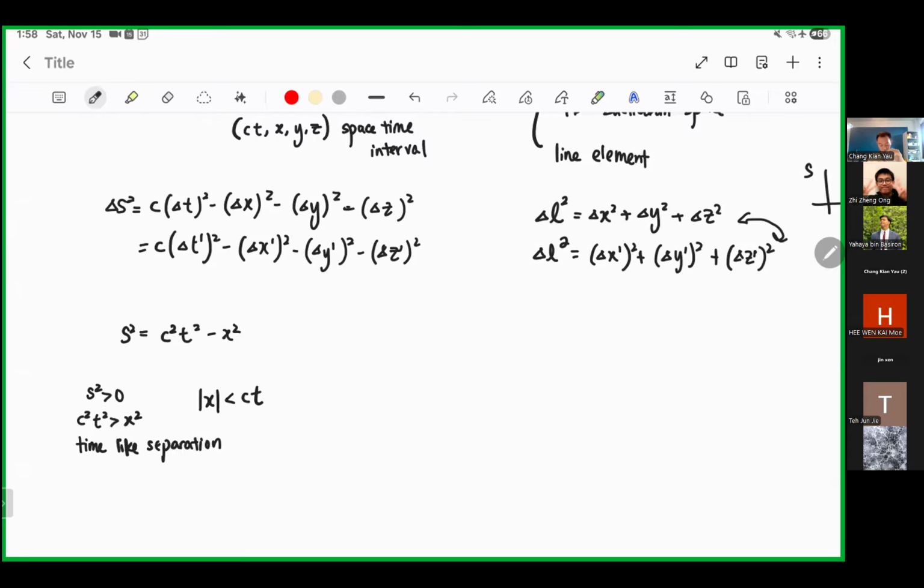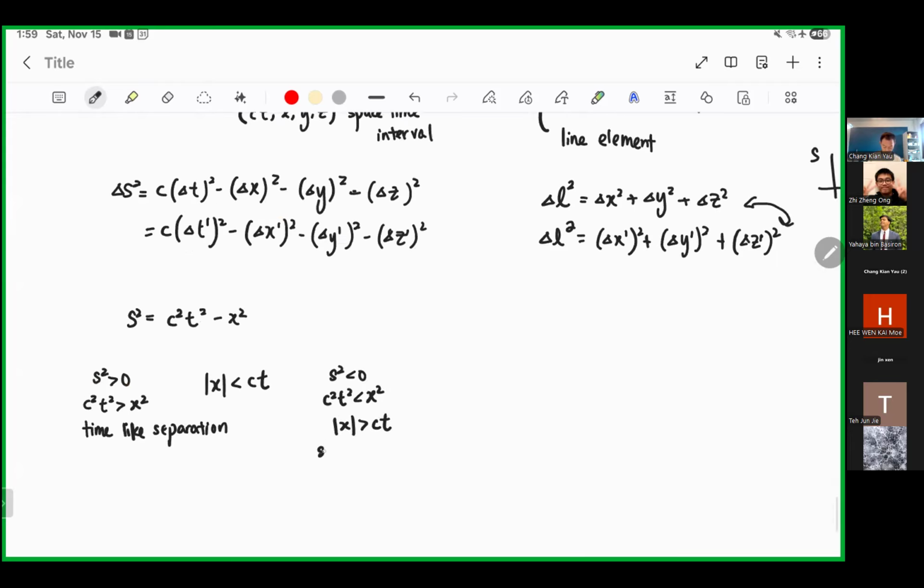So within this s which is larger than 0, information can travel, because things cannot travel faster than the speed of light, and x is smaller than ct. Information can travel within this interval, and we call this time-like separation. So we can look at the two other cases. When s squared is smaller than 0, c squared t squared will be smaller than x squared, and then x would be larger than ct. We call it space-like separation.